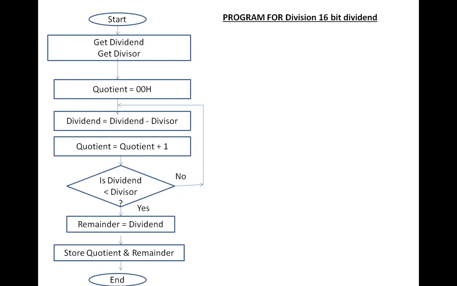It means the quotient value will be 1. Then 4 minus 3 gives 1. So the next dividend value is 1, which is less than the divisor, that is 3. So 1 cannot be divided by 3, so 1 will be the remainder.